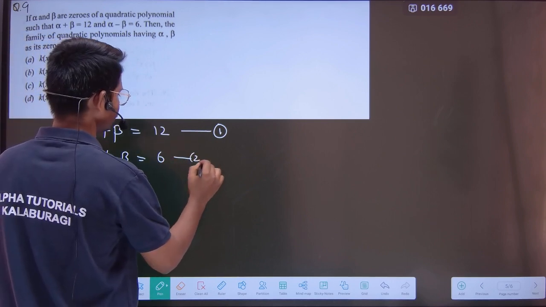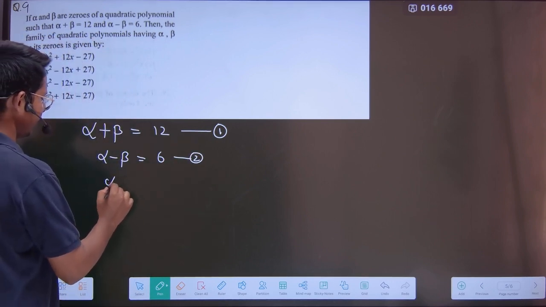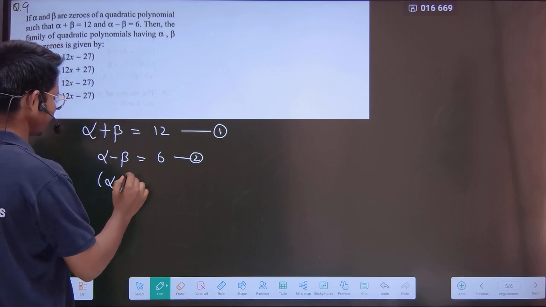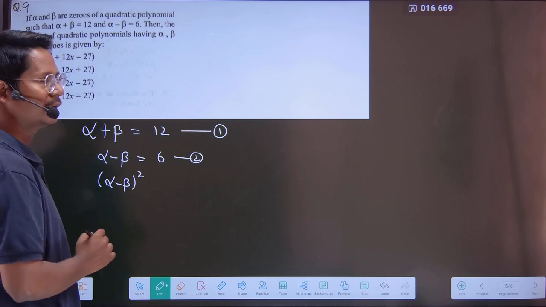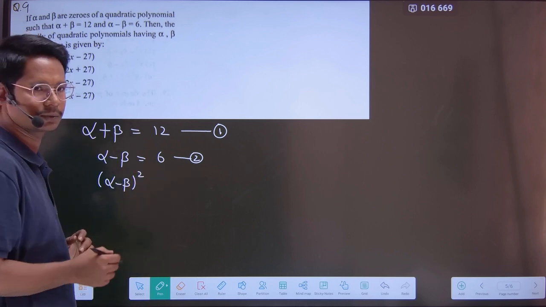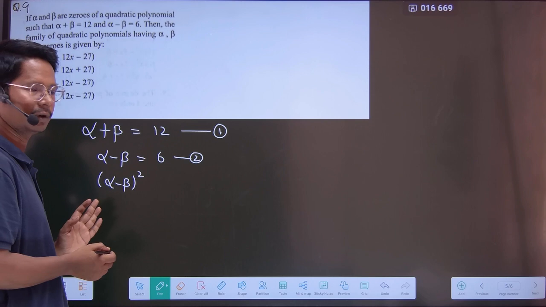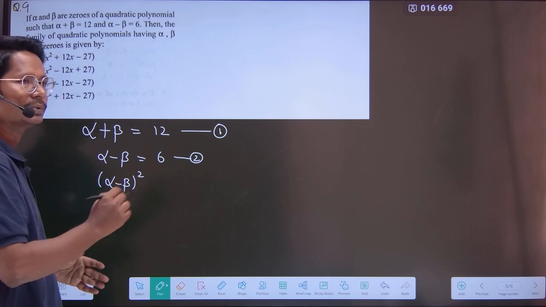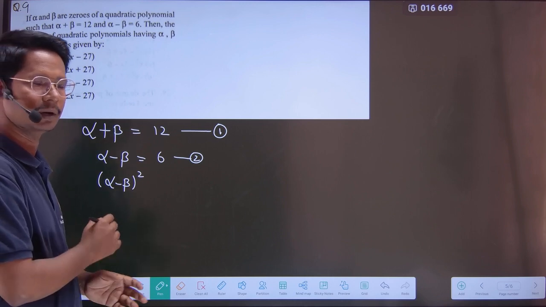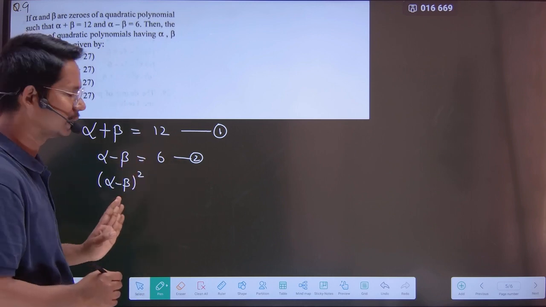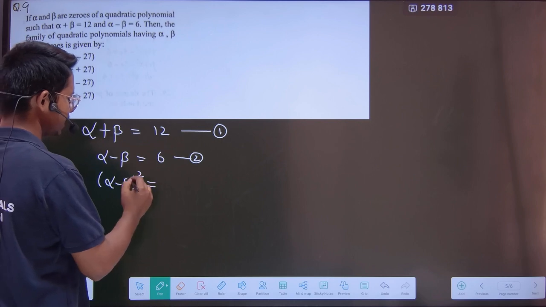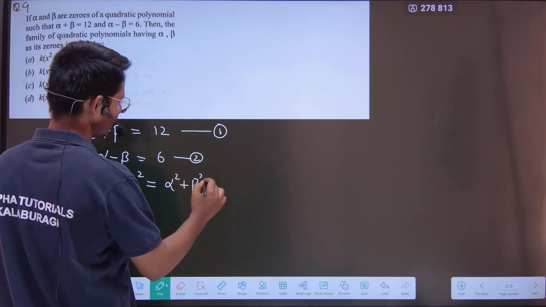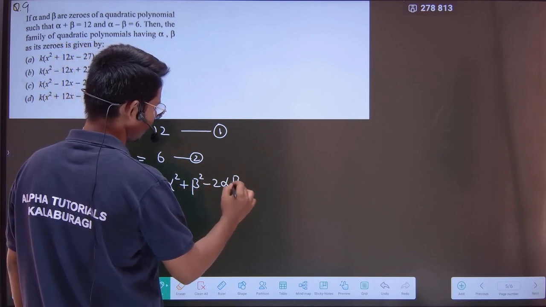I'll make use of (alpha − beta)², because we have the algebraic identities for squares, (alpha + beta)² or (alpha − beta)². So I'll express (alpha − beta)² in terms of alpha plus beta and alpha into beta. It is nothing but α² + β² − 2αβ. Correct?